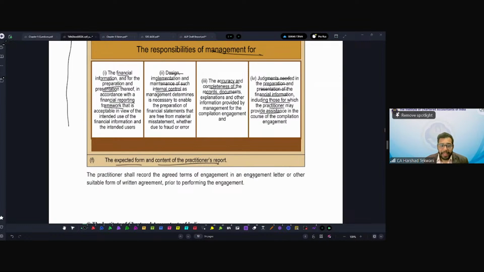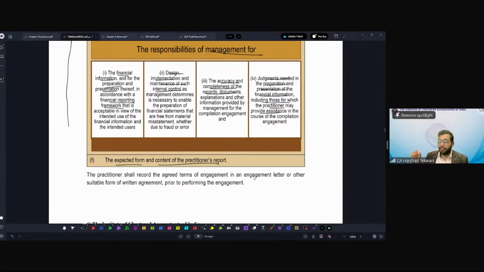If there is a recurring engagement, for example, quarter on quarter, or monthly compilation for MIS, something like that, in that case, before the start of each and every recurring engagement, for example, management hired you that every month you assist us in compiling the financial information, that's a monthly engagement.